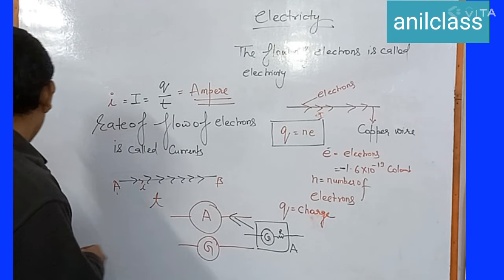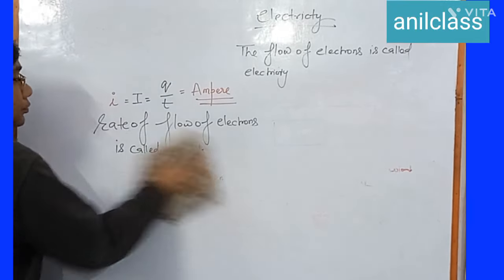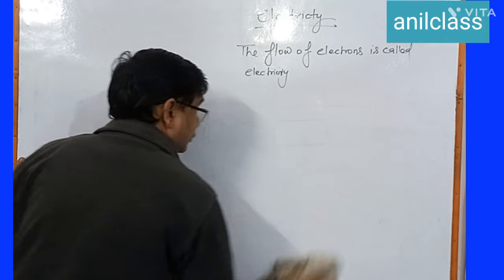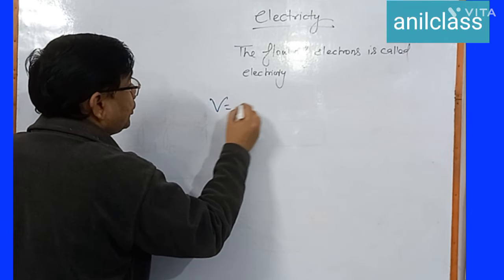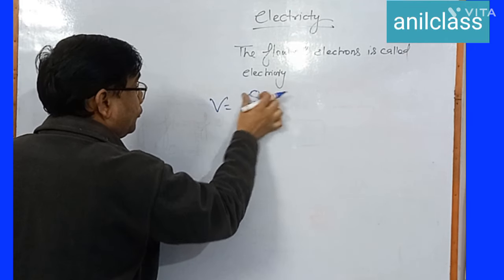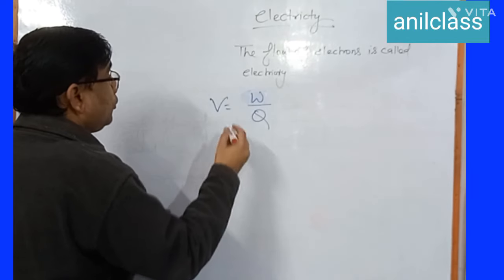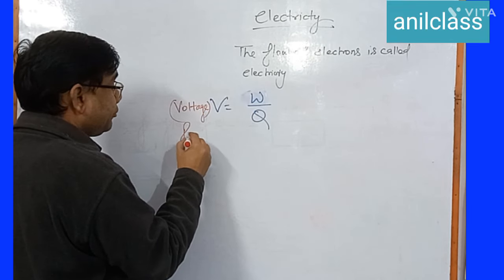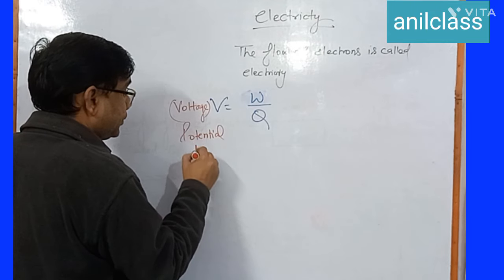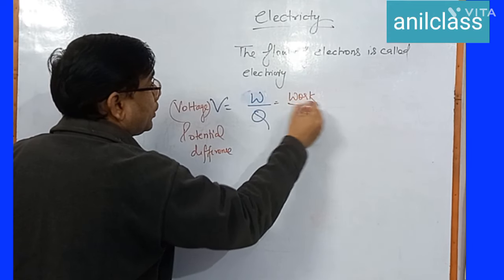Now you also take V is equal to W upon Q, where V is voltage, also called potential difference, W is work, and Q is charge.